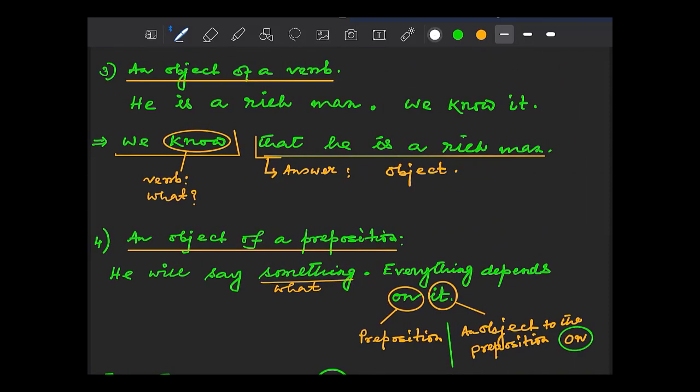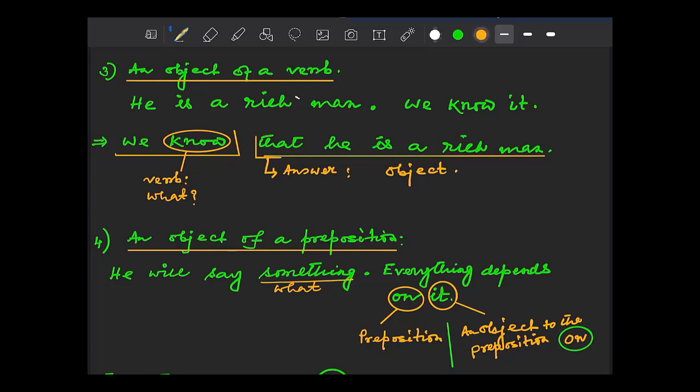Now see number 3. A noun clause is used as an object of a verb. See these two sentences first. He is a rich man. We know it. Okay, you see the combined form. We know. Know is the verb. Ask the verb a question with what? What we know. The answer is this, that he is a rich man. So when the verb is questioned with what or whom, the answer we get is an object, you know.